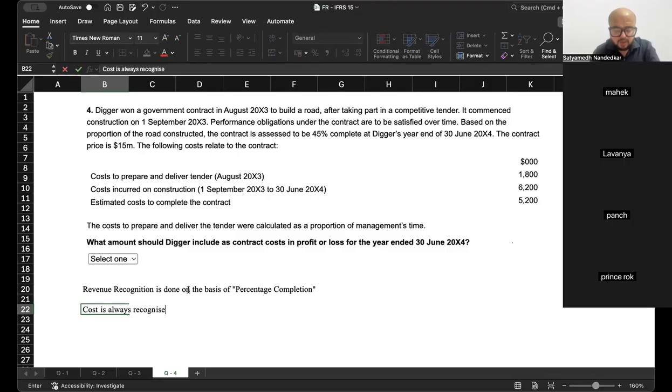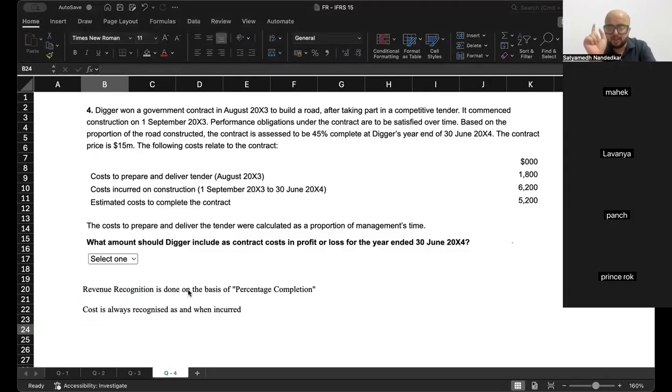But cost is always recognized as and when incurred, right? For cost, there is no percentage completion. Percentage completion जो आप लगाते हो, that percentage completion is only for the revenue recognition. Question is asking you, what amount should Digger include as contract cost in the statement of P&L?